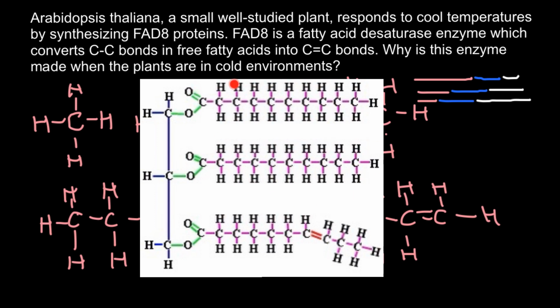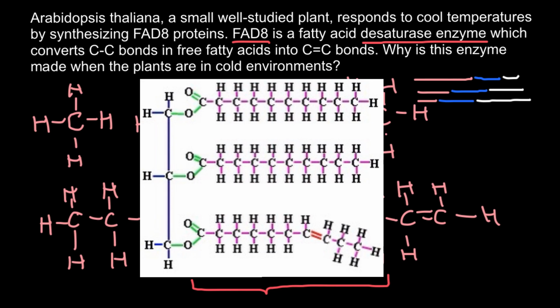So under the low temperature, such fatty acids would perform better and won't solidify. So once again, the FAD8 fatty acid desaturase enzyme would work on the free floating fatty acid, so this part of the triglyceride, and would add extra double bonds.